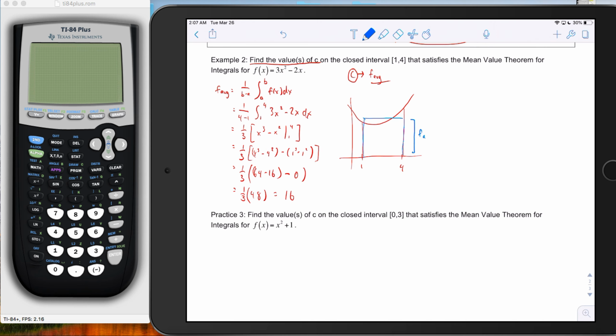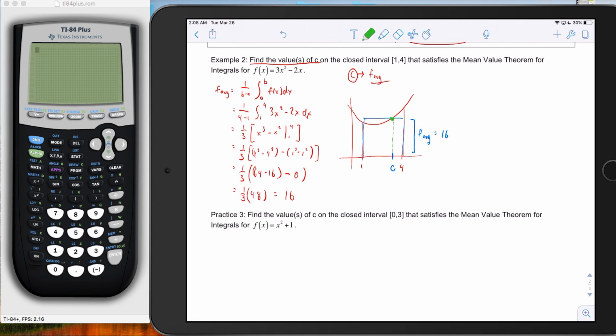So we found the average value happens to equal 16. So what the mean value theorem states is that there is some c value that essentially gives us the average value.